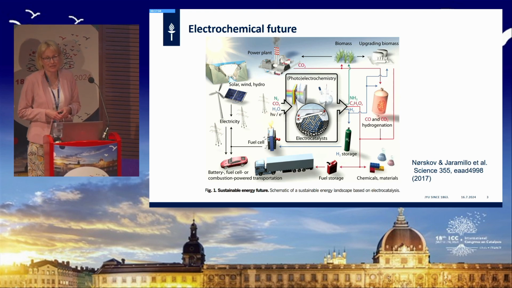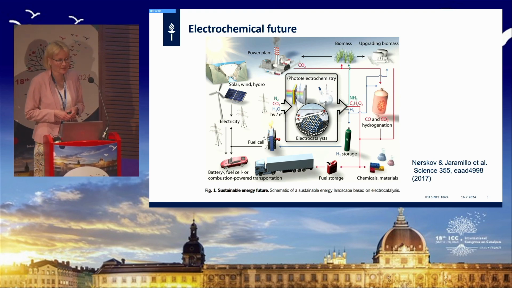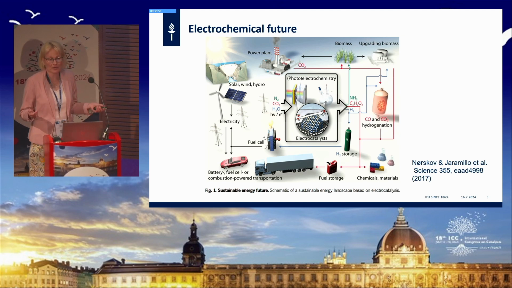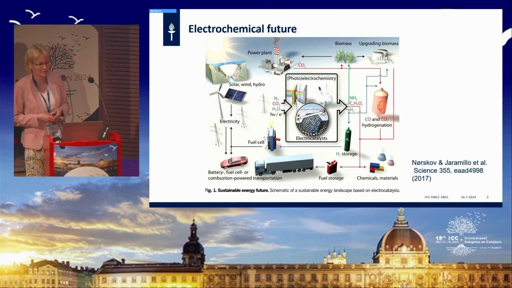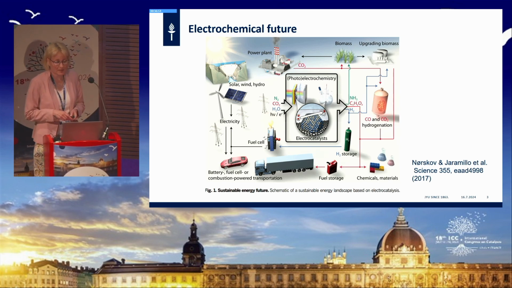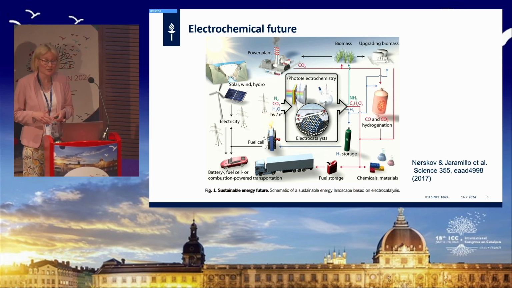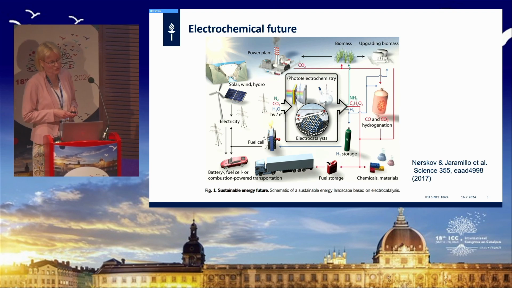And then we can make the species that we are now producing using fossil resources: ammonia, hydrocarbons, oxygenates, hydrogen. And these can then be used in a variety of applications where we need them. Today I will particularly focus on hydrogen and how to improve the hydrogen production.